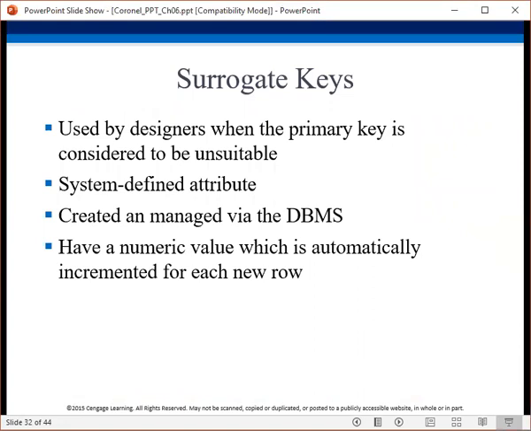So one thing we want to consider is what our primary key should be. We mentioned that a primary key is a candidate key, that is, a set of attributes that uniquely determine a record in a table, and it's minimal.